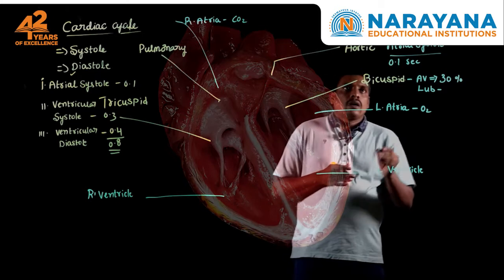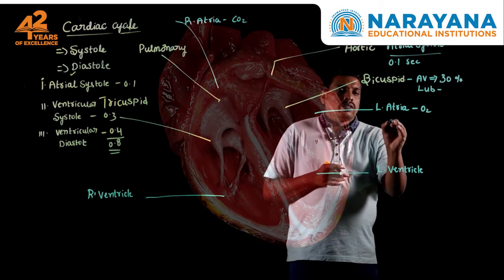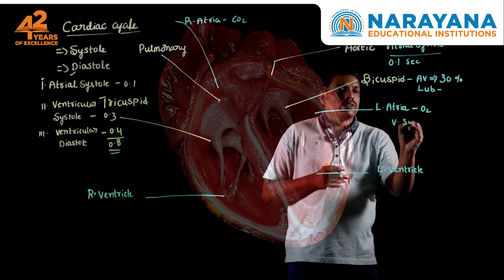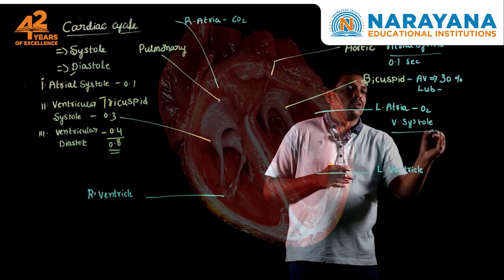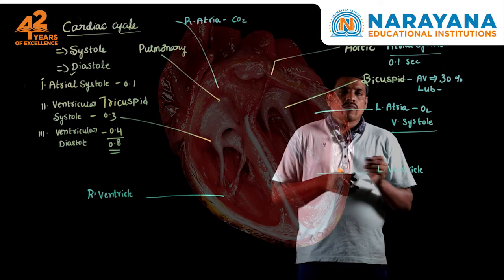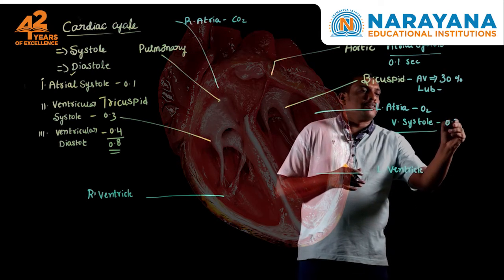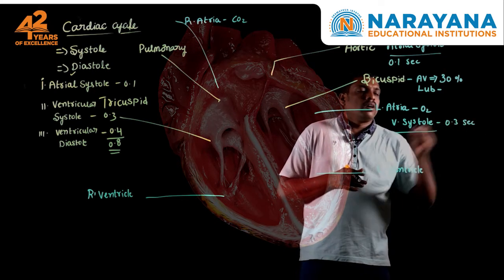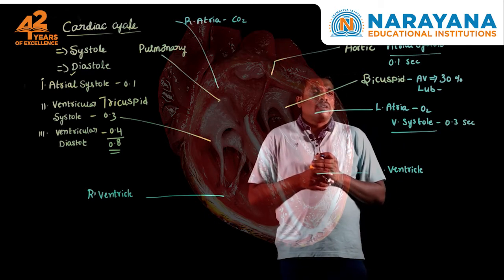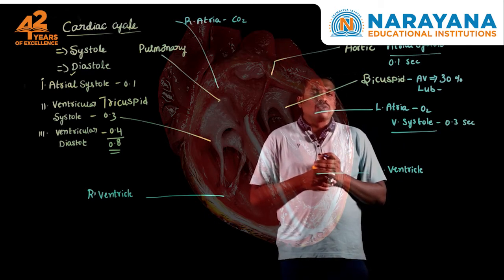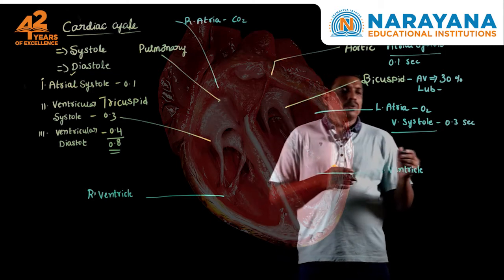Now, secondarily, ventricular systole occurs, which means the contraction phase of the ventricles is called ventricular systole. Time taken is 0.3 seconds. During ventricular systole, what will happen, you know?